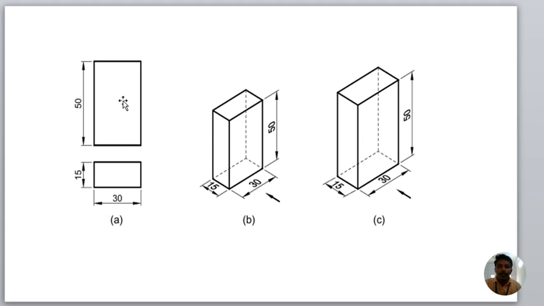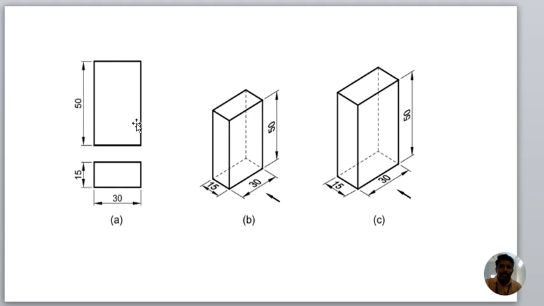So these two drawings combine to form the isometric view or the isometric projection of the object, which is figure B. For example, here width, thickness and height.